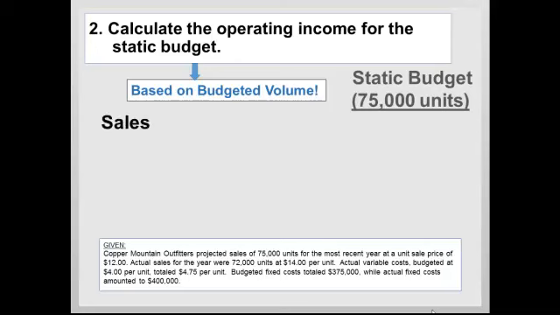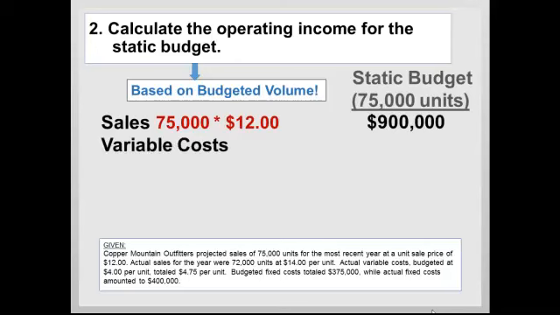Well, this budget is based on the planned numbers, so sales would be 75,000 times 12 or $900,000. Variable costs would be 75,000 units times $4 per unit or $300,000.